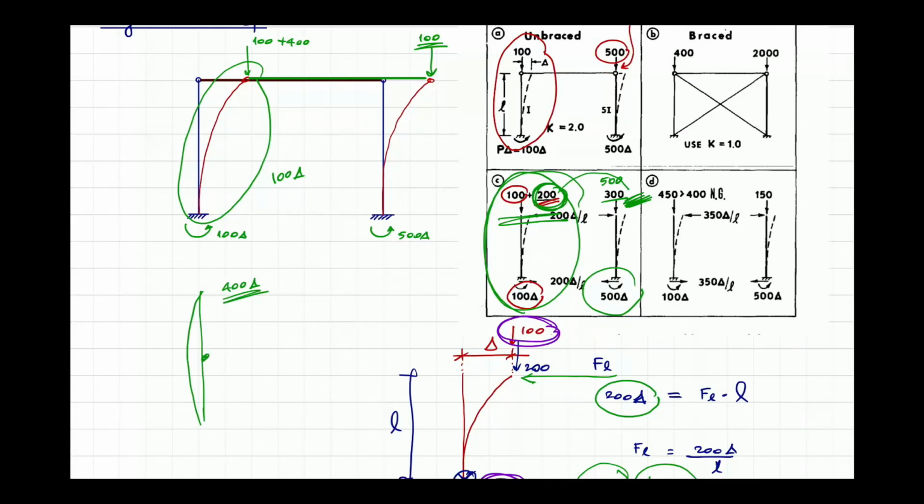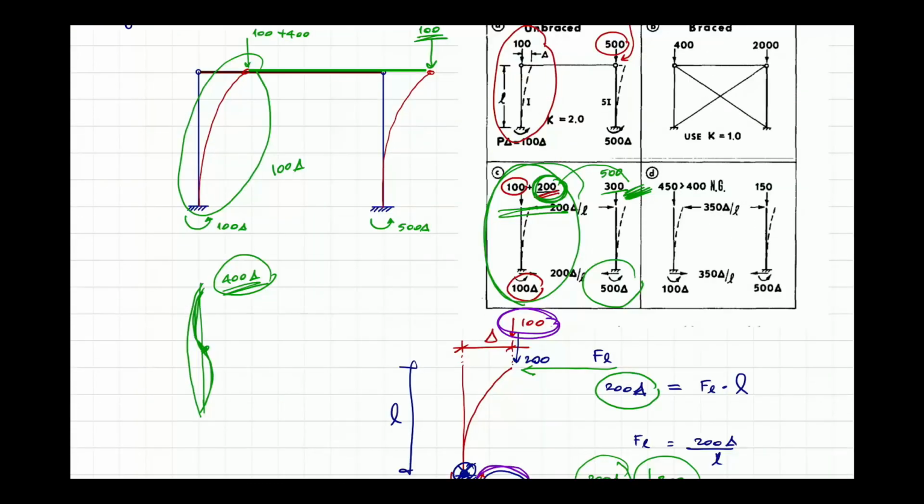Unless you brace at the middle and shorten down the unbraced length, this is going to be the cap. If you shorten it down and you change the buckling shape into this full cycle sine curve, you're gonna get probably like 1600 delta. But we are not doing that, right? So we keep the column as it is like this. You have the capacity of 400 delta.